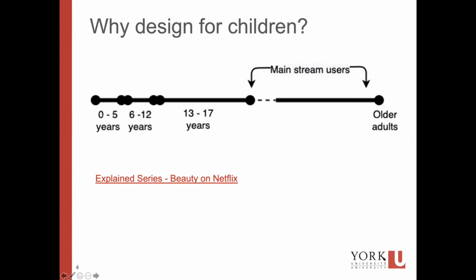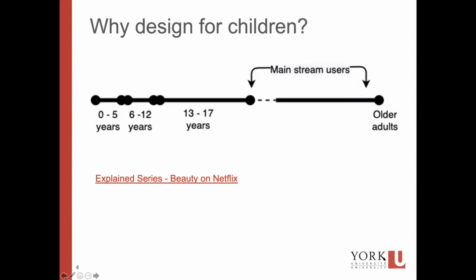One of the reasons you can cite is as children grow or develop from birth, there are different phases, and as they go through different phases of child development, their behaviors and interactions change. And the change in interactions and behaviors inform a change in the design criteria.